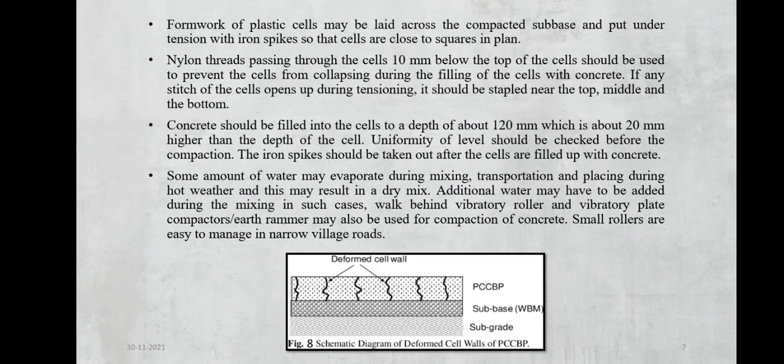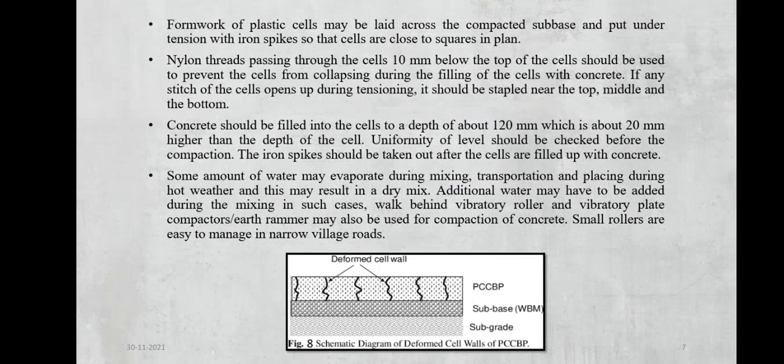Concrete should be filled into the cells to a depth of 120 mm, which is about 20 mm higher than the depth of the cell, so that the cell does not come out after the filling of concrete.